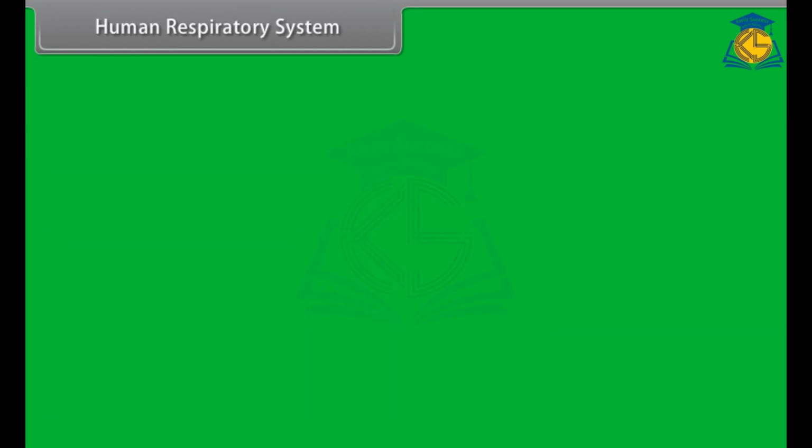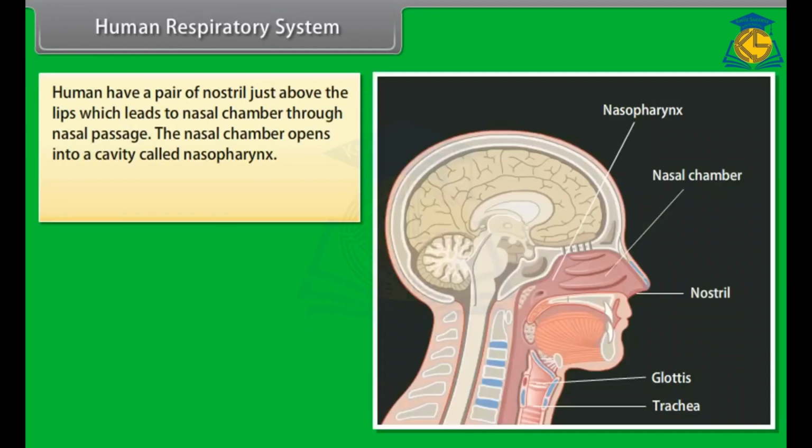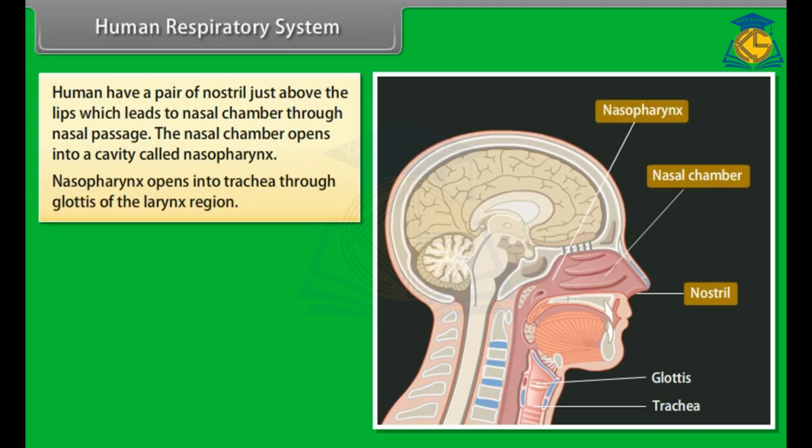Human respiratory system. Humans have a pair of nostrils just above the lips, which leads to nasal chamber through nasal passage. The nasal chamber opens into a cavity called nasopharynx. Nasopharynx opens into trachea through glottis of the larynx region.